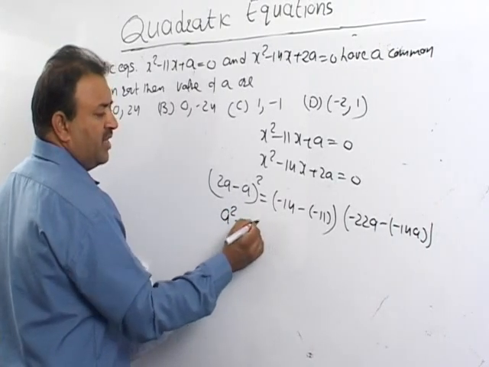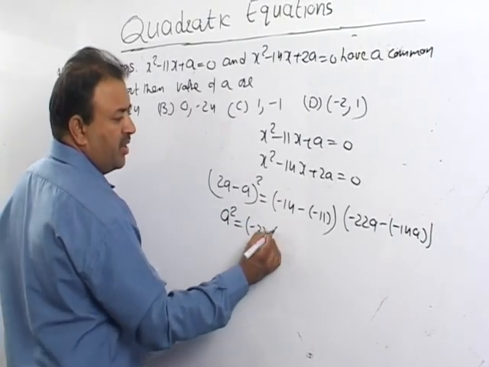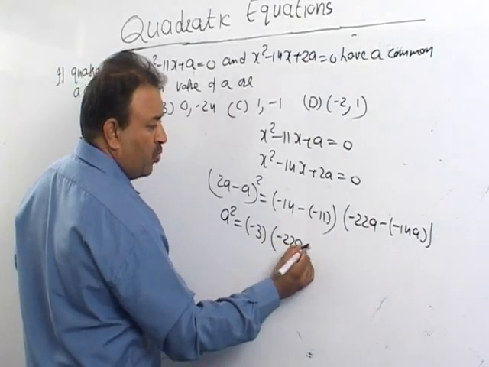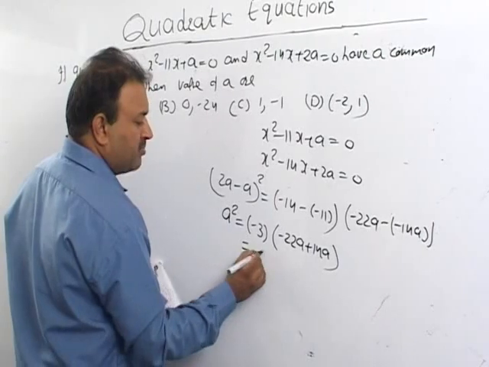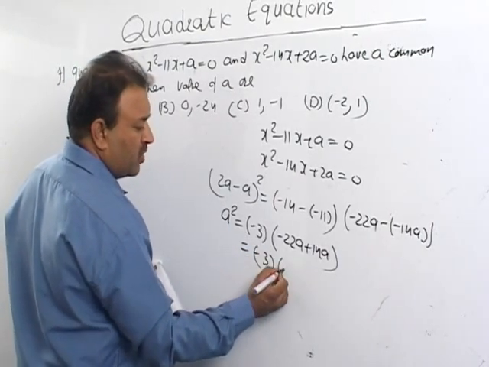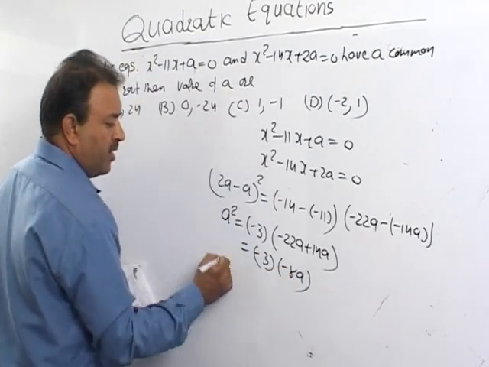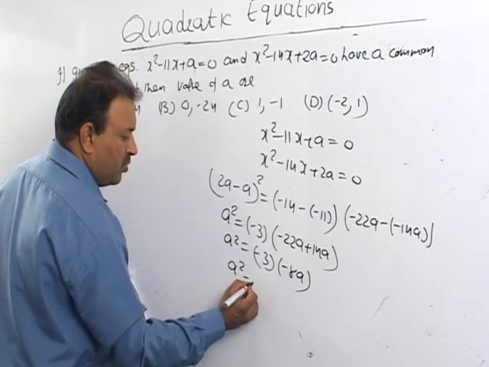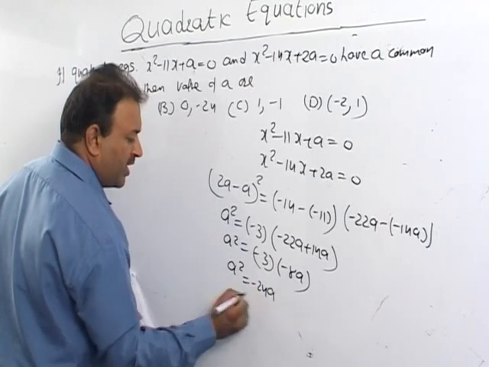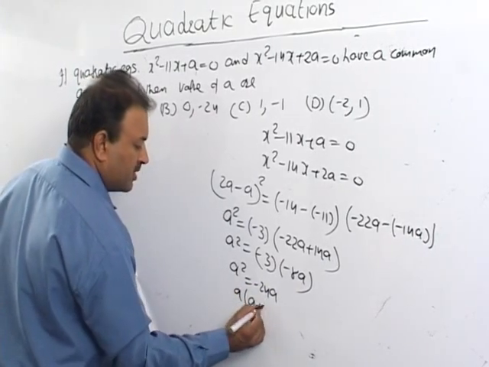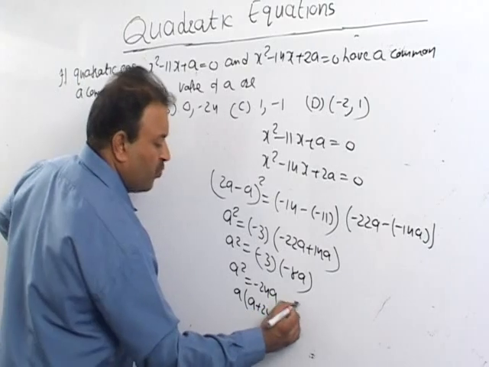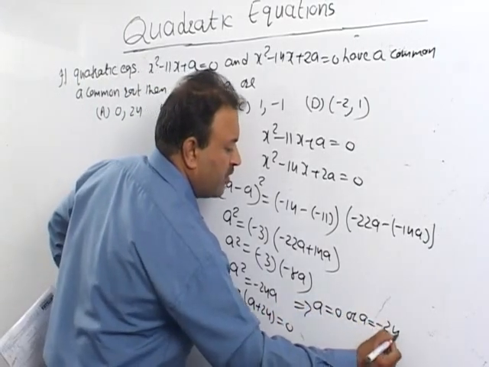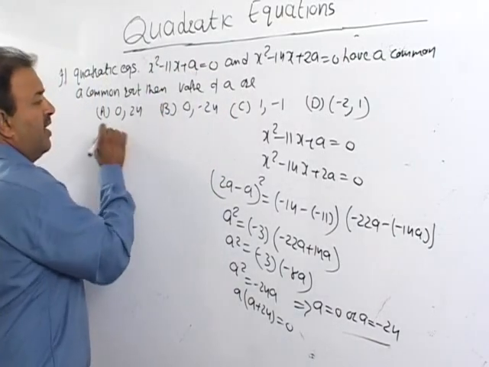We get a square is equal to minus 3 into minus 8a, it comes out to be minus 24a. So a square plus 24a is equal to 0, taking a common, a into a plus 24 is equal to 0. We can conclude a is equal to 0 or a is equal to minus 24. So the right option is B.